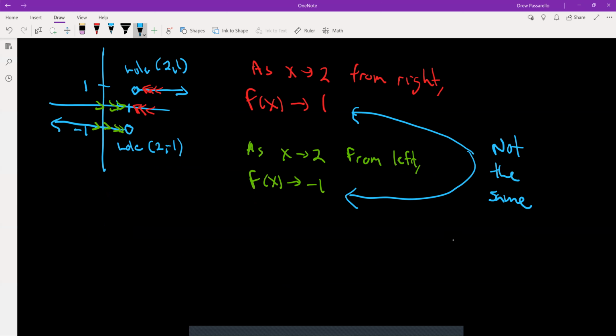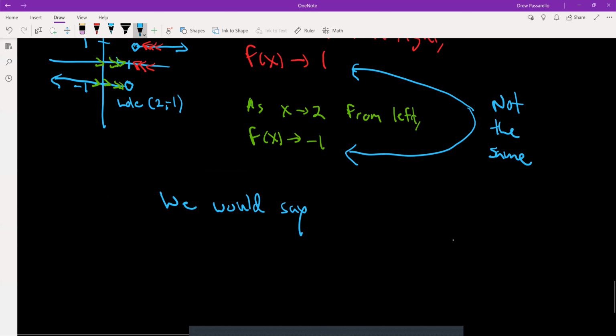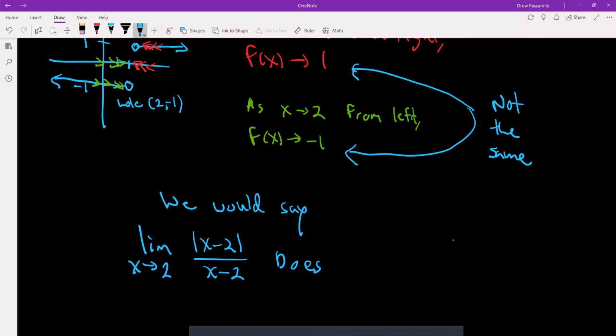Not the same, so we would say the limit doesn't exist. So the limit as x goes to 2 of the absolute value of x minus 2 over x minus 2 does not exist. They have to approach the same particular value.